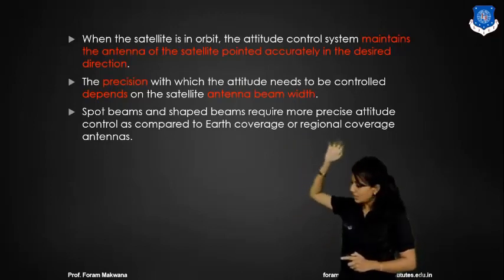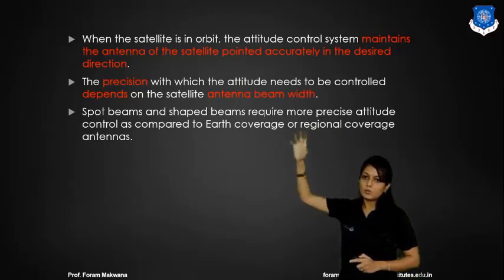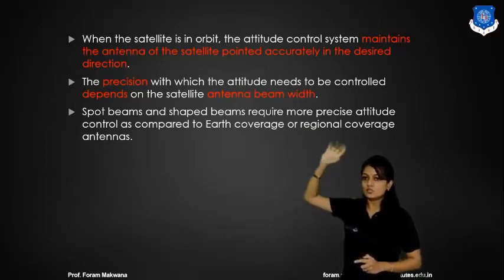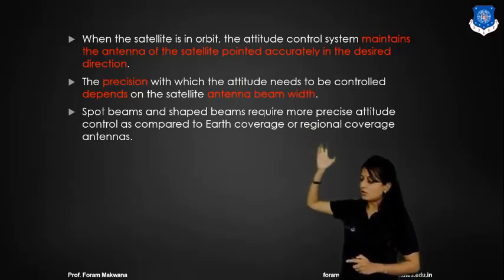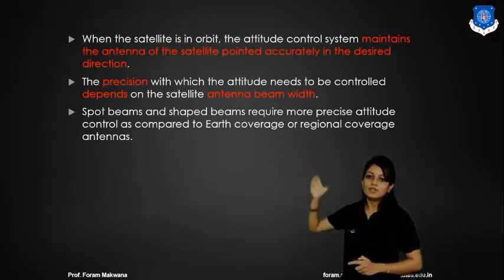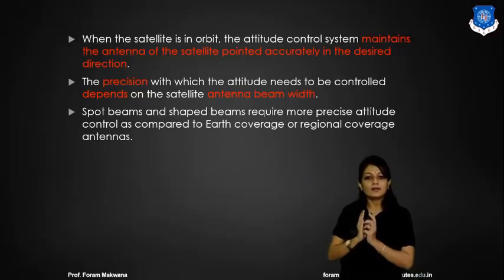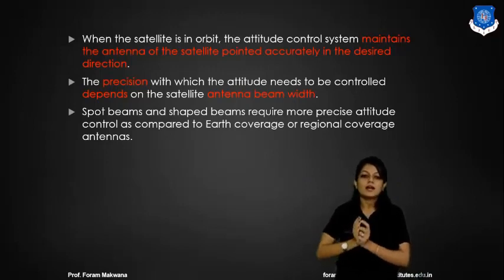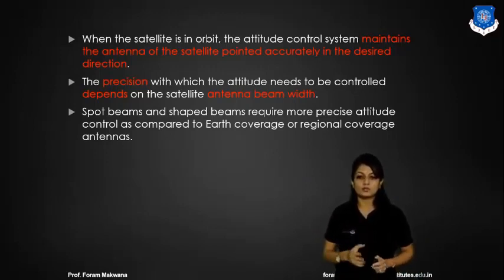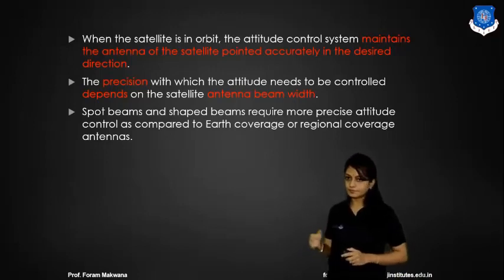Right? The precision with which my attitude needs to be controlled depends on the beamwidth of the satellite. If it has a narrow beamwidth, that means a high accuracy of the attitude control system will be required.